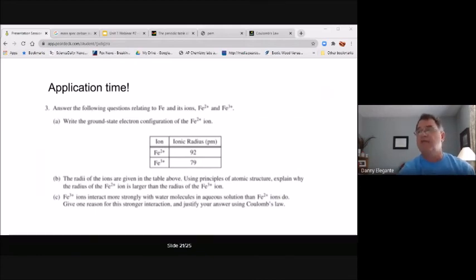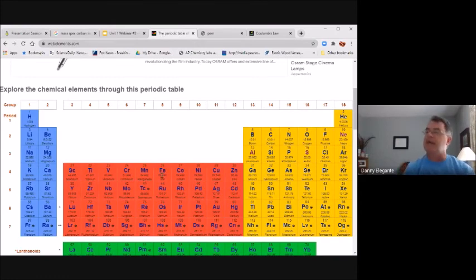So what does it mean to have a +2 charge? Well, iron typically has 26 electrons and 26 protons. So in order to have a +2 charge, that means it's lost 2 electrons. So iron would only have 24 electrons.